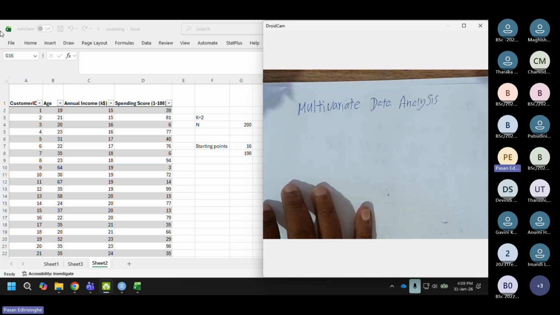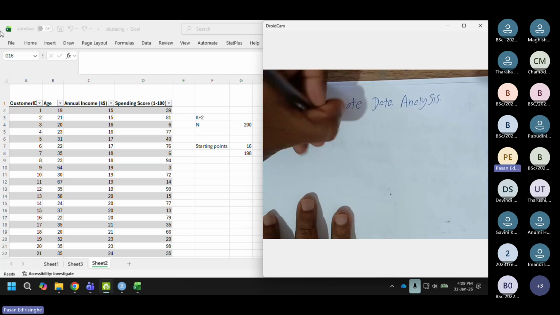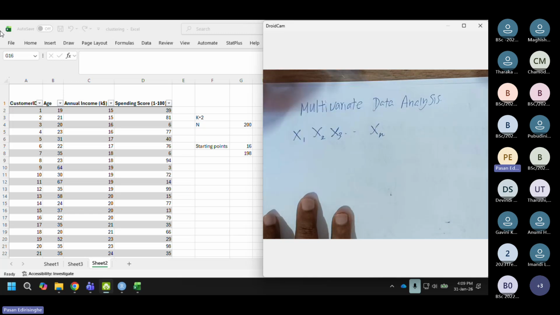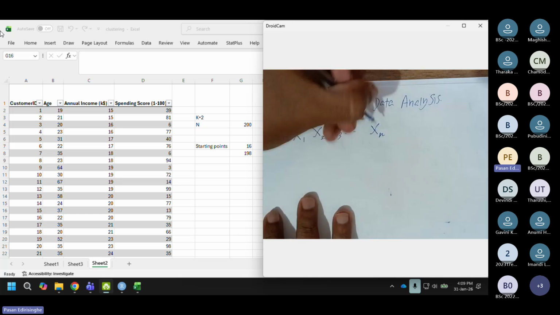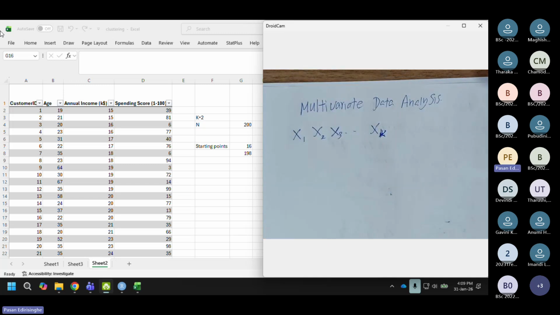So for a multivariate data set, we can say I have a bunch of variables x1, x2, x3 up to xk.